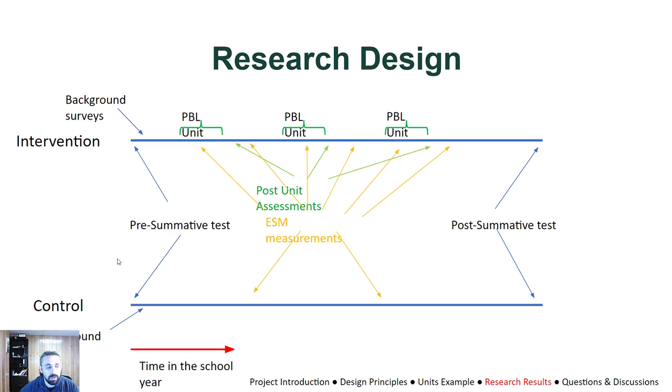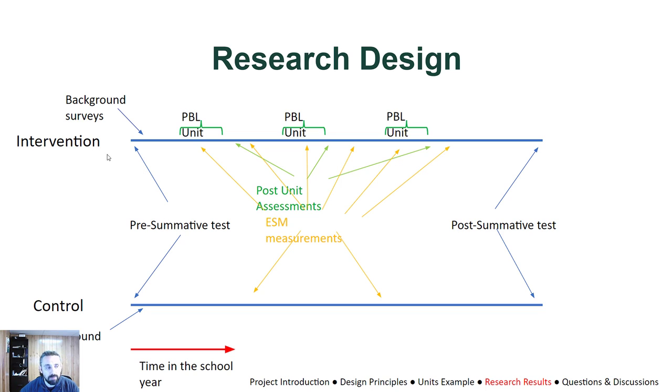At the beginning of the year, we gave pre-summative tests, which are tests that we did not devise, which are pre-sanctioned, validated items. For this example, we used NAEP items to establish students' baseline ability, namely how proficient they are in science when they start the school year.